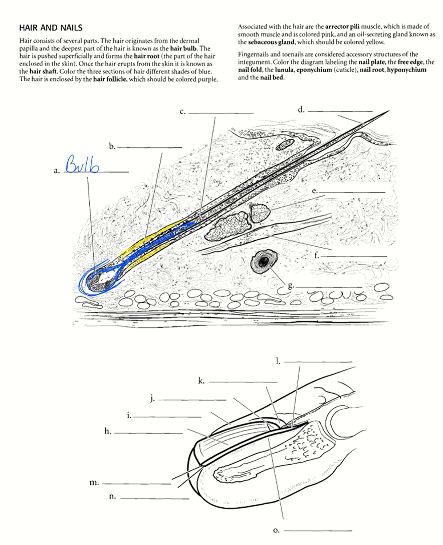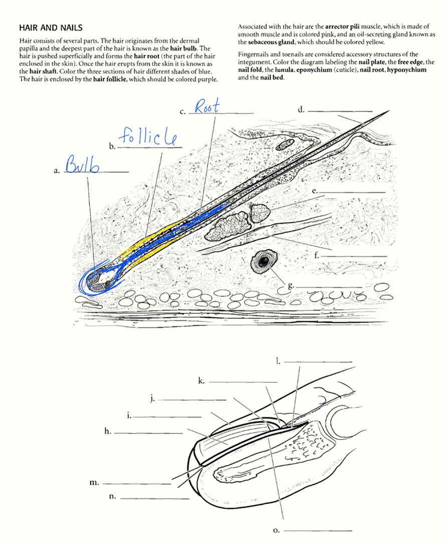This is the follicle, the yellow part here. And so the follicle is going to be the dermis tube that's going to surround the hair. And the part of the hair that's enclosed that I had colored in blue, this is the root.